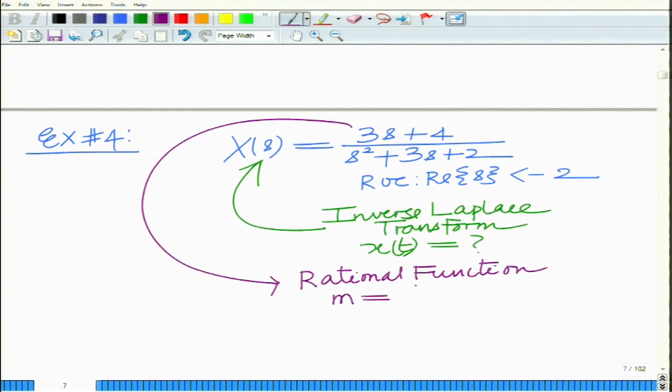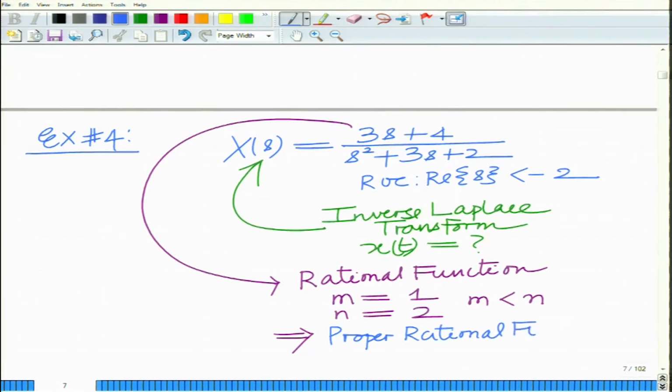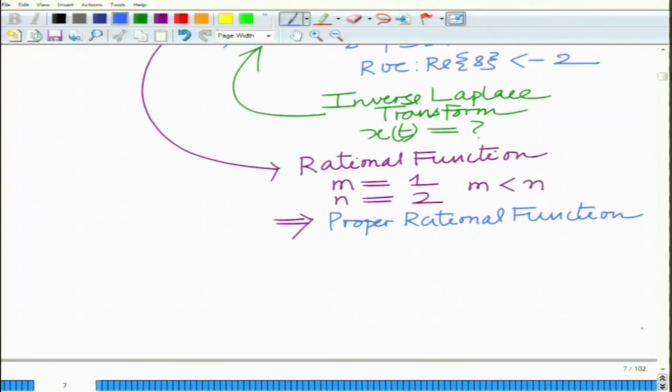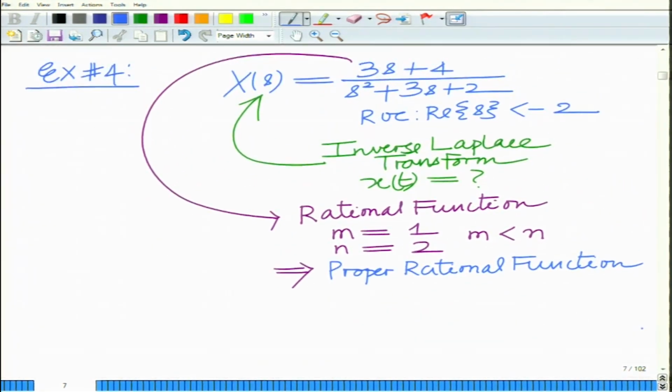Further, the degree of the numerator polynomial is 1, and the degree of the denominator polynomial is 2. Therefore, we have m less than n, which implies it is a proper rational function. Therefore, I express this as partial fractions.